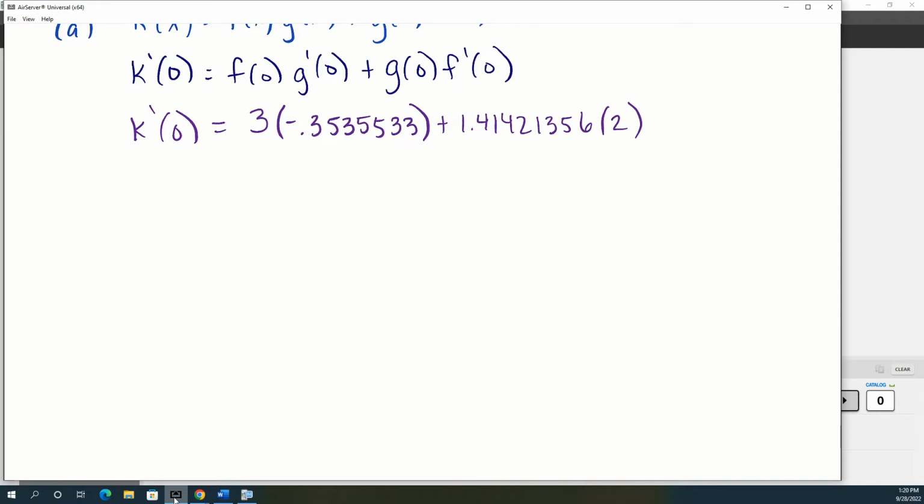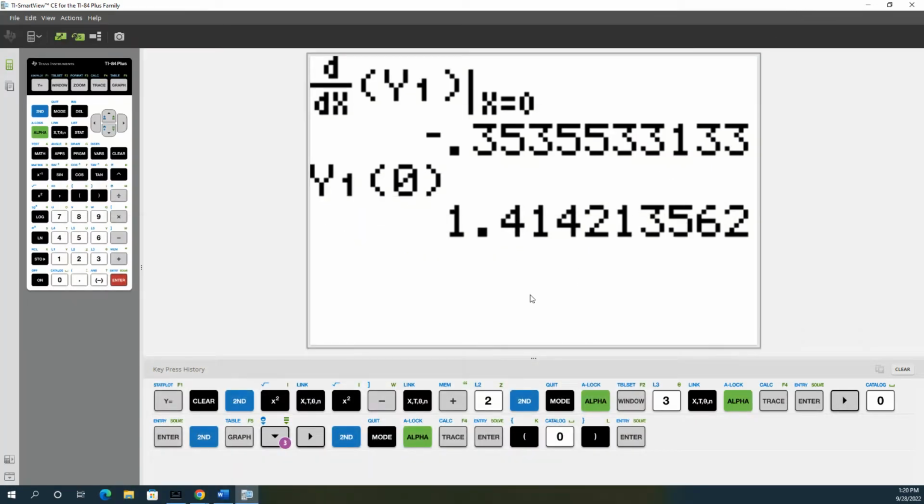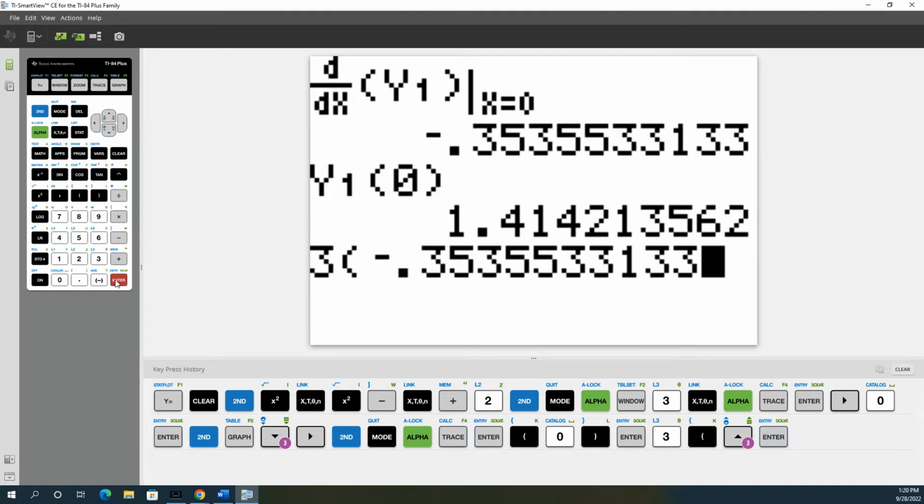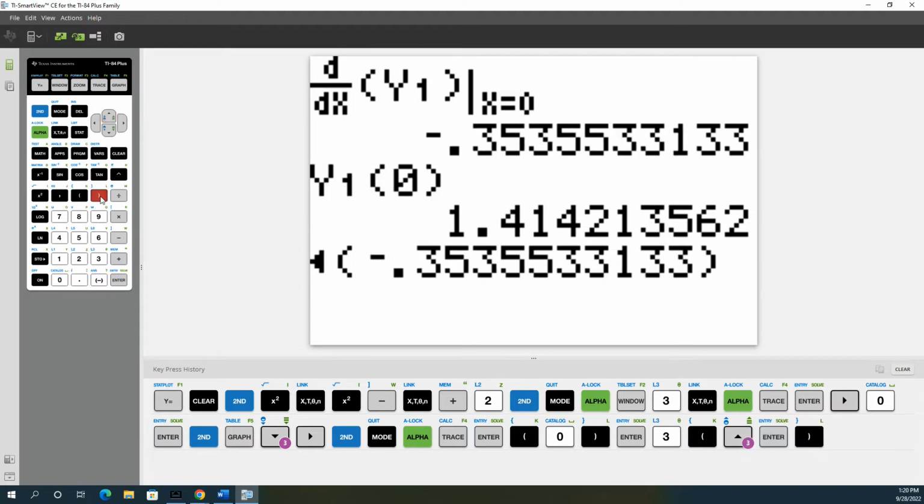All right, and then you can just type that straight in the calculator. And if you didn't want to round, you could go back up and choose these numbers. So let me show you. You could do 3 and then open up parentheses and then go up and choose that. And then close the parentheses.